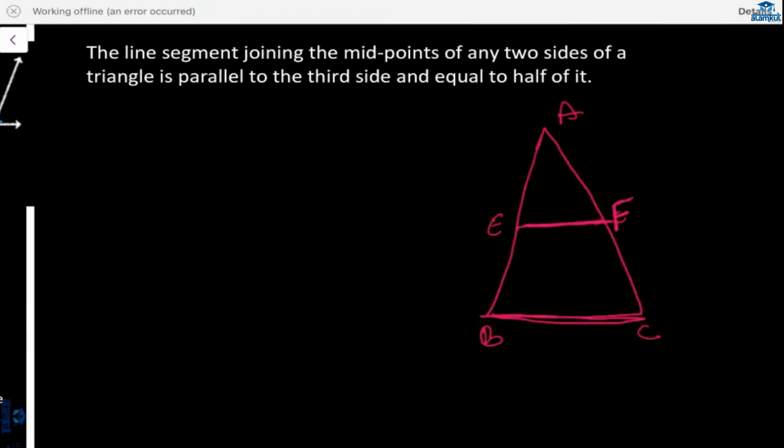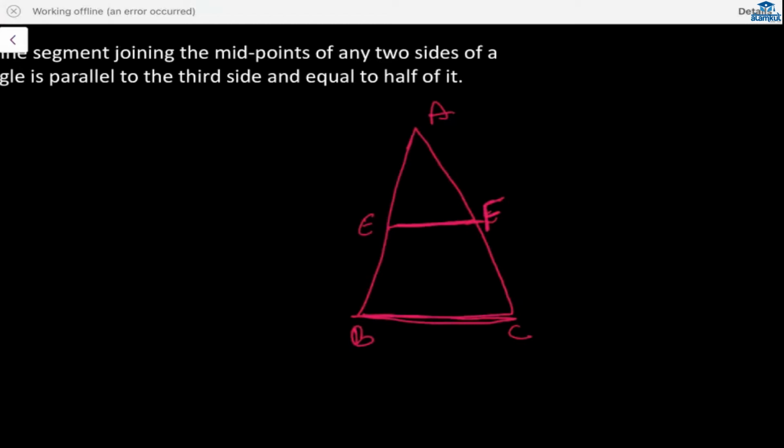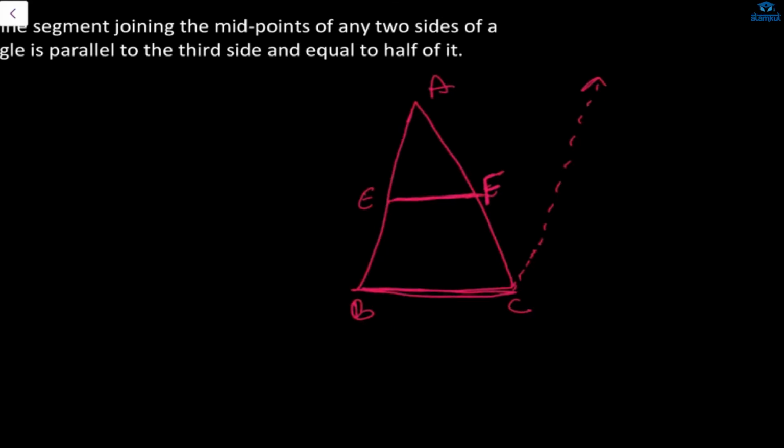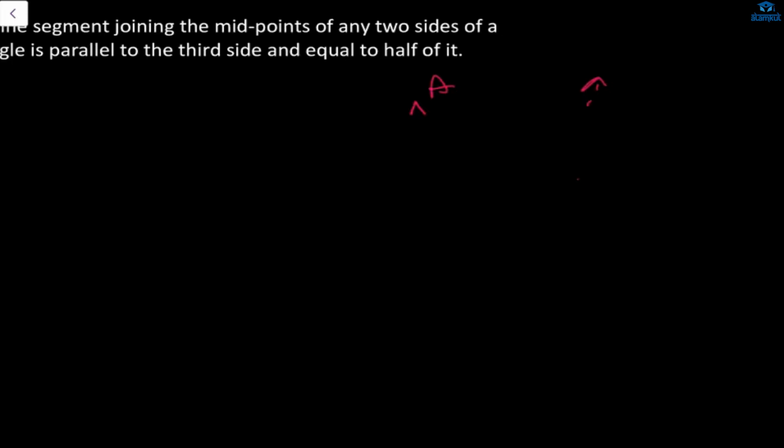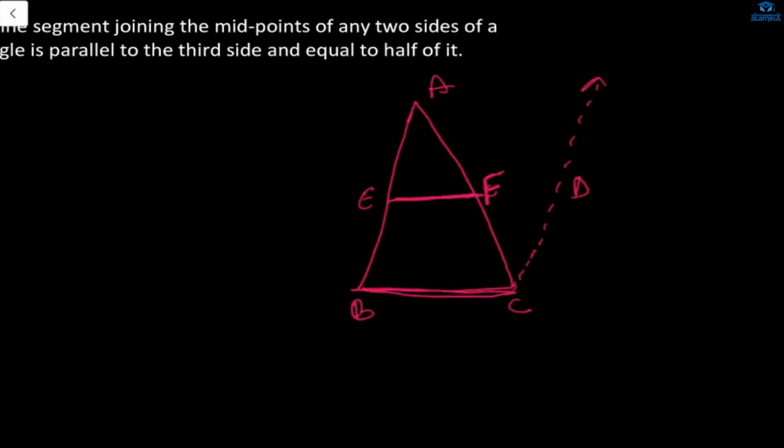I'm drawing CD parallel to AB, and we extend EF so that it meets this line at a point, which I'm marking as D.